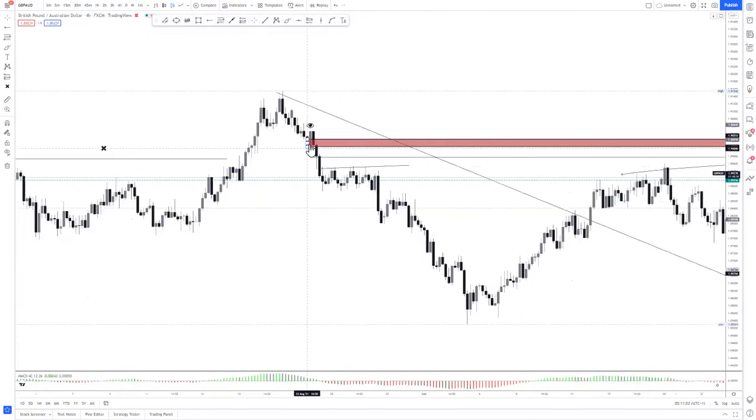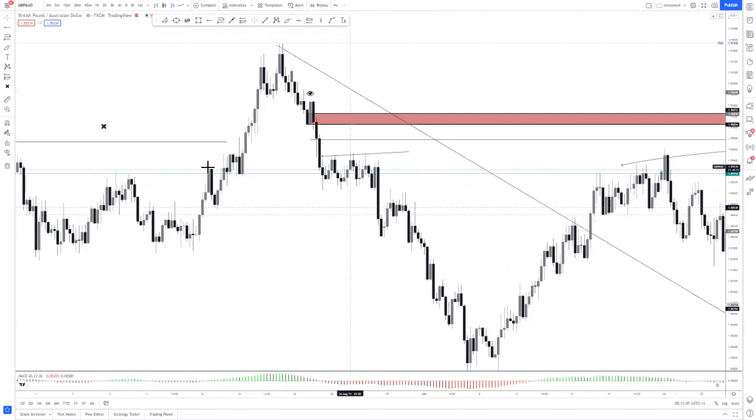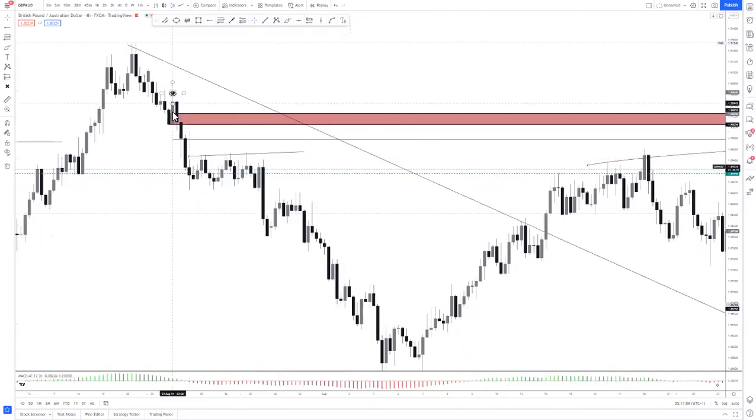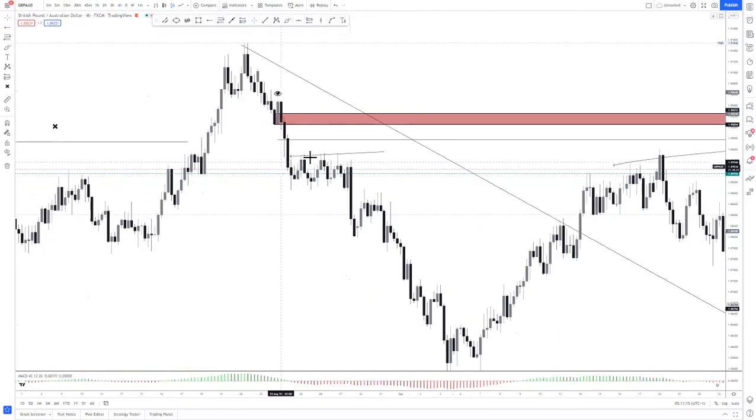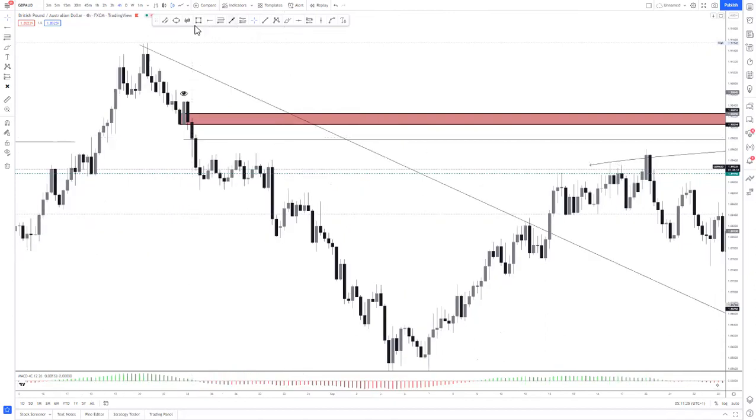Price came here and gave us this engulfing candle, and whenever there's an engulfing candle on the chart, it is a strong candlestick pattern. Price gave that engulfing right there and immediately dropped. When price dropped, something happened: price gave us imbalance around this area.